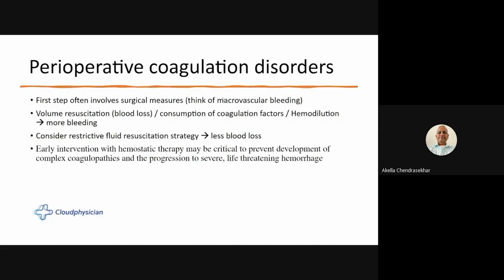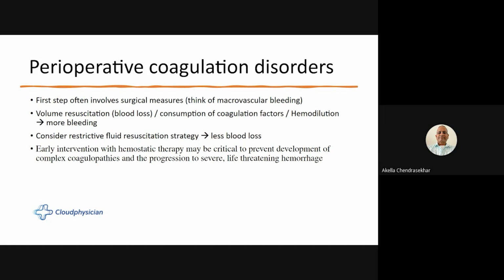Next slide. Okay, what else do we have? Again, the first step, always think about macrovascular bleeding. I know the surgeon's going to deny it, right? Anytime there's blood loss going on and the patient's hemodynamically unstable, call the surgeon and say, hey, where's the blood going? If they operated in the belly, it's probably in the belly.